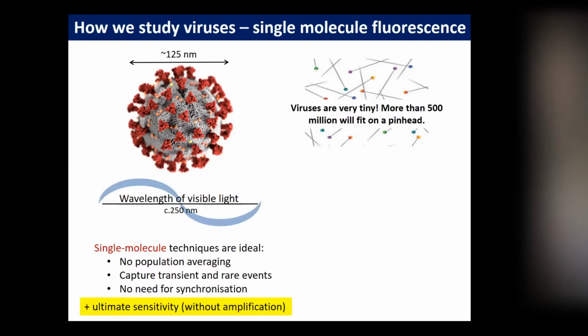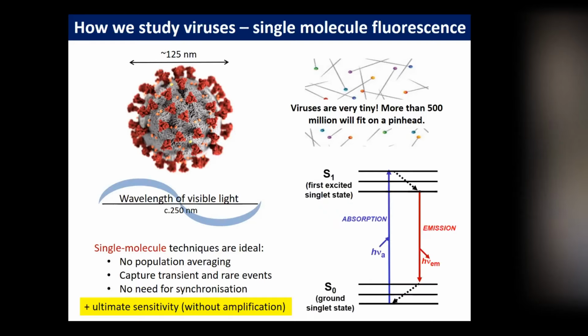And of course, with advancements in microscopy, we have the ultimate sensitivity of looking at single particles without any amplification. We combine these methods with fluorescence, which is just a type of luminescence where the emission wavelength is longer than the excitation from the excited light-induced singlet state. Together, this gives us a toolbox for studying viruses.